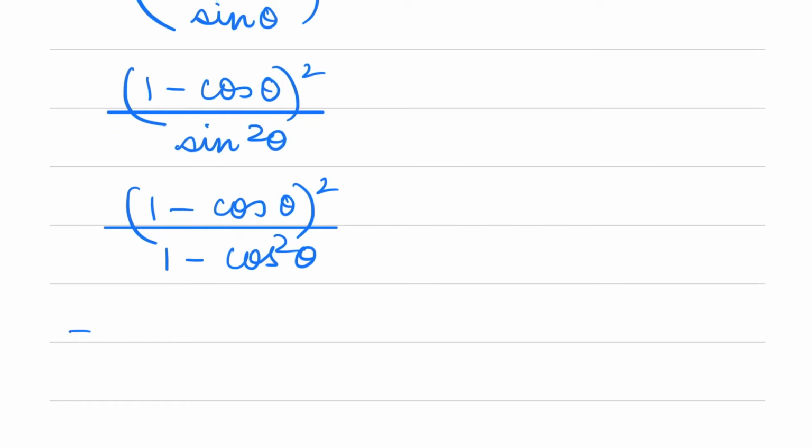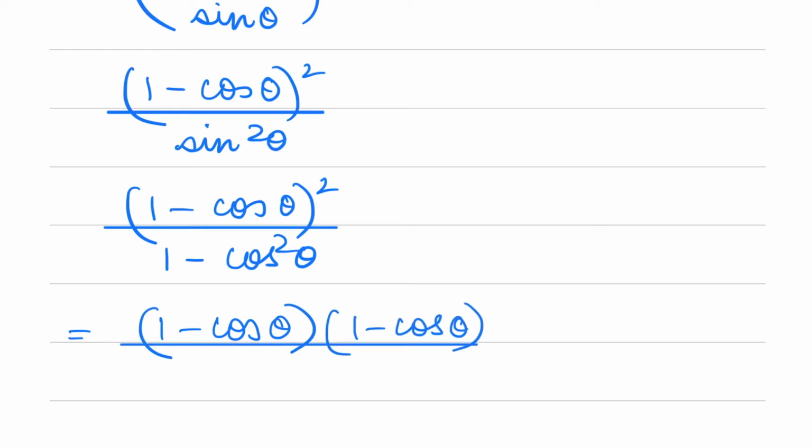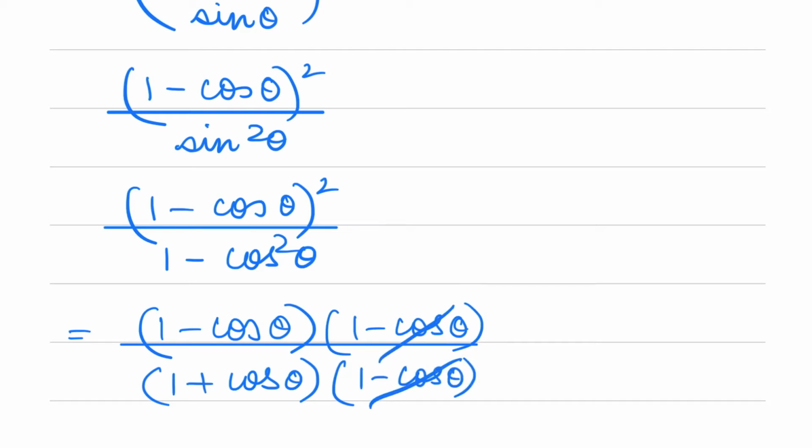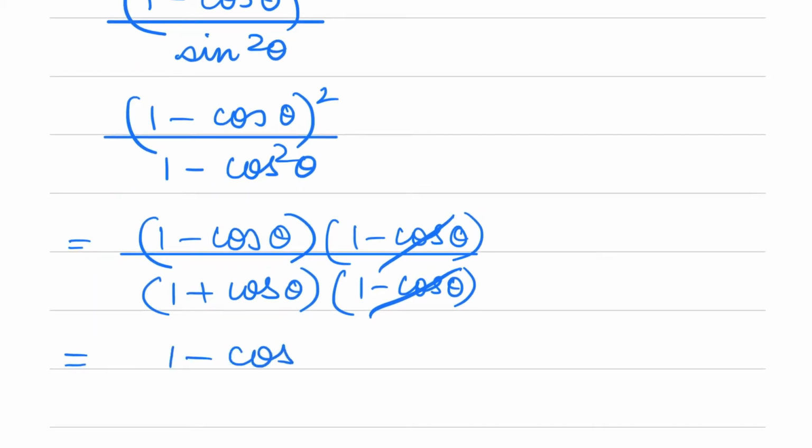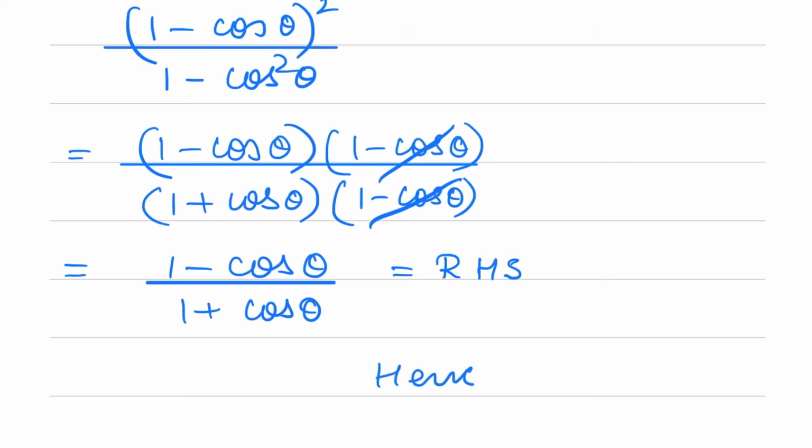Now this can be written as (1 minus cos theta) into (1 minus cos theta), and in the denominator I can use the identity a square minus b square, which will be equal to (a plus b) into (a minus b). So we have (1 plus cos theta) multiplied by (1 minus cos theta), and this gets cancelled. So I get (1 minus cos theta) by (1 plus cos theta), and this is equal to the right hand side, hence proved.